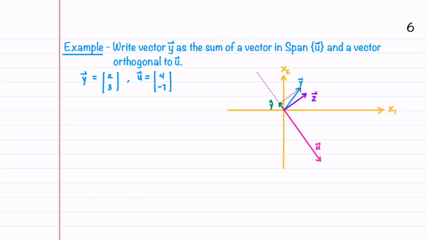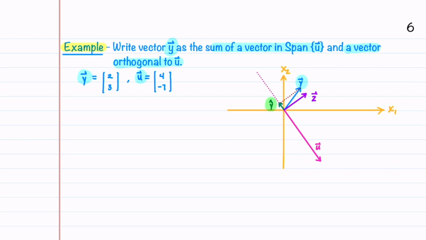Let's now look at an example where we're going to write a vector y as the sum of a vector in the span of u and a vector orthogonal to u. We're given a vector y and a vector u. I've graphed these vectors on the right so that we can visualize what's going on. We have our vector y, and we're going to project it onto the line through vector u and the origin, and that projection is going to be called y hat.